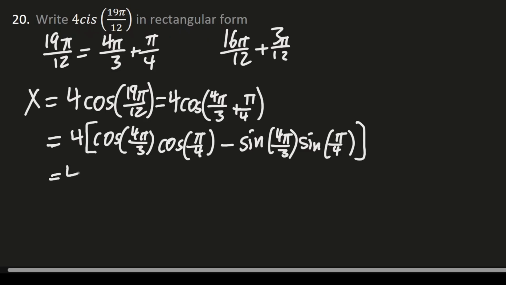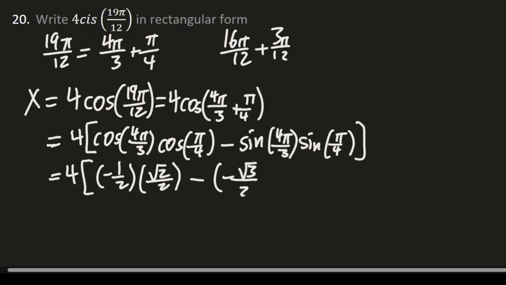That's equal to cosine of 4 pi over 3 is negative 1 over 2. Cosine of pi over 4 is square root of 2 over 2. Sine of 4 pi over 3 is negative square root of 3 over 2. And sine of pi over 4 is square root of 2 over 2.